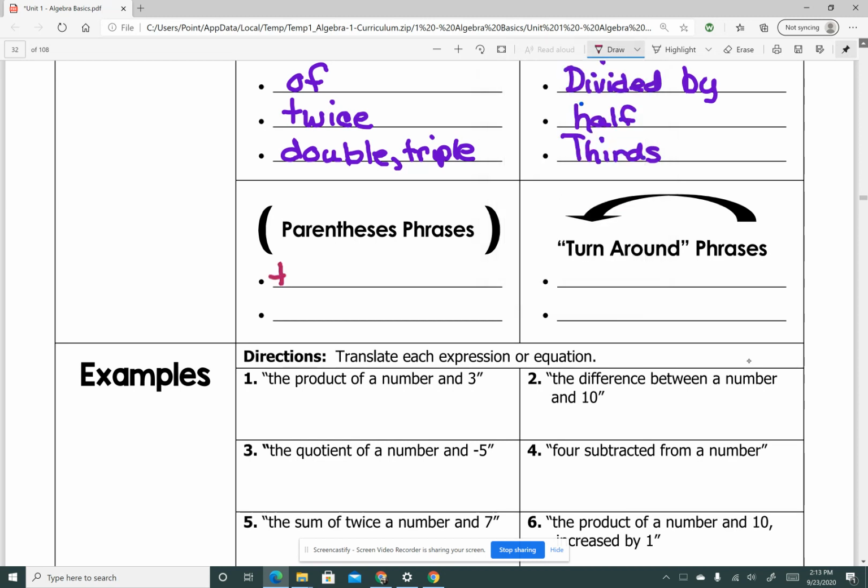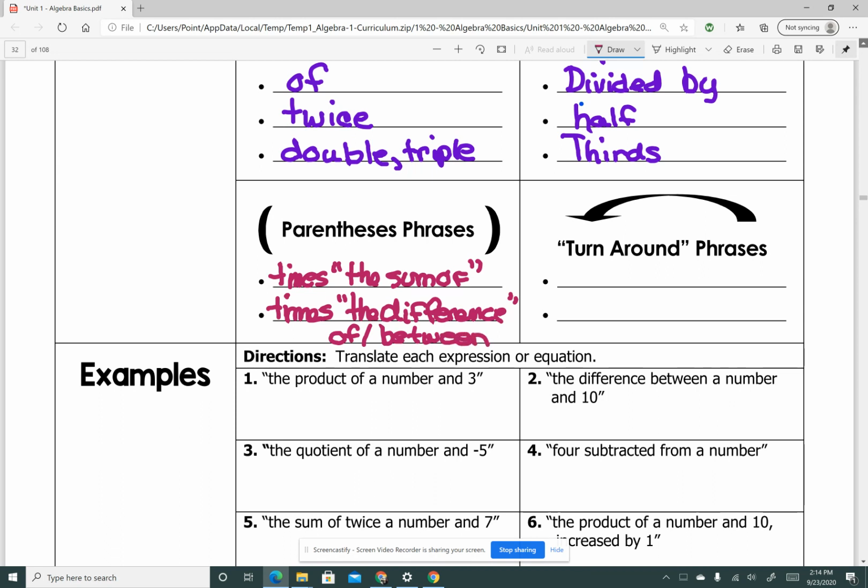We might see in a word problem times the sum of, or we might see times the difference of. Sometimes you'll see the word between. So look out for those words.